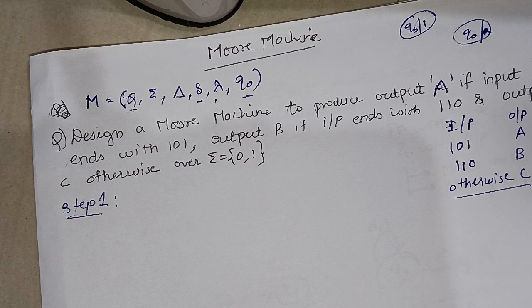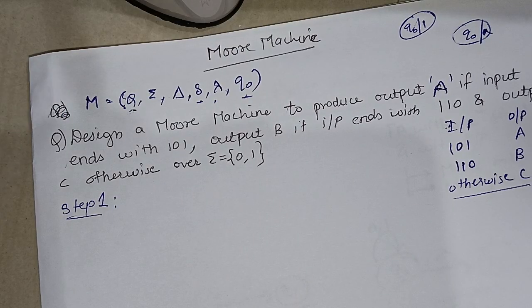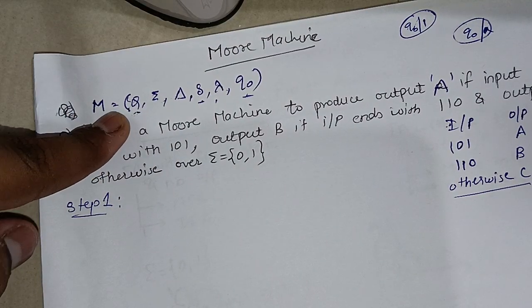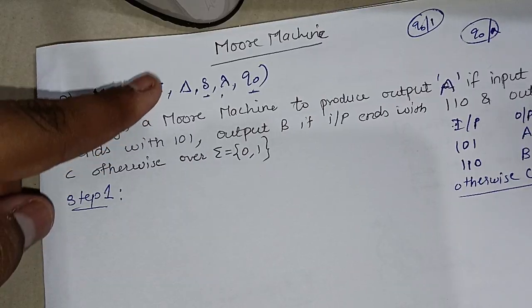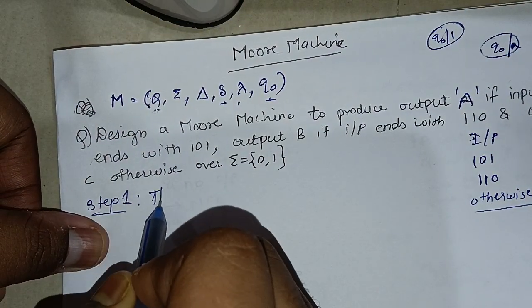And again we have to explain one concept also, that in Moore machine the output is associated with the states. Okay, and then you have to write this mathematical equation and explain that Q is a finite set of states, Σ is the input alphabet and so on. Okay, this is our theory.